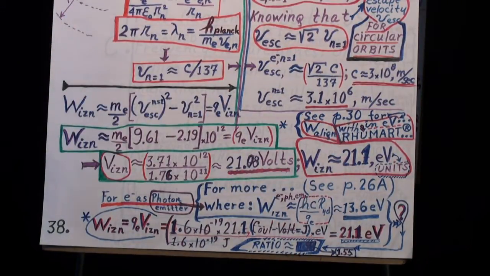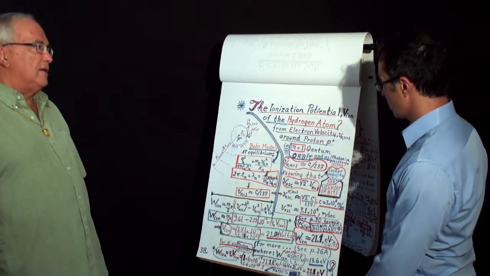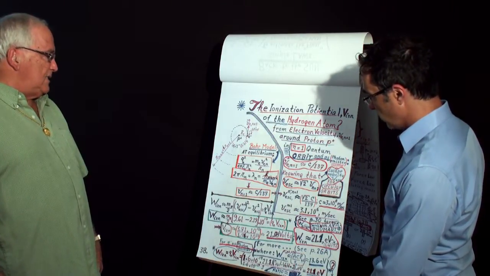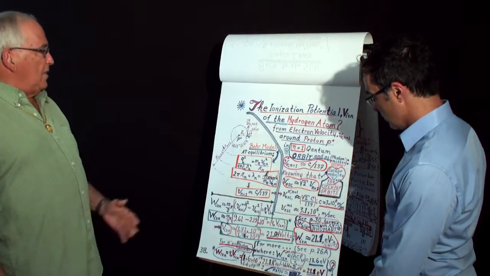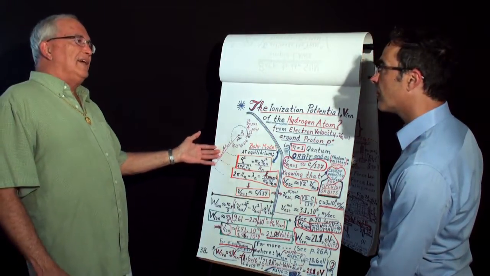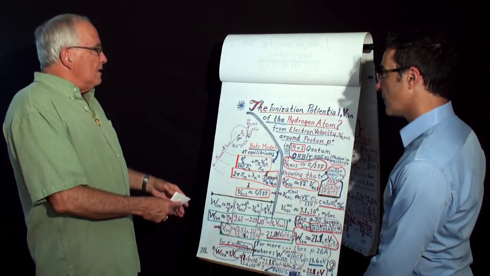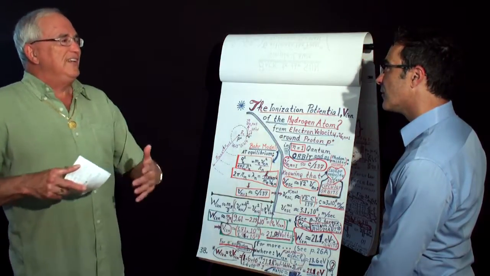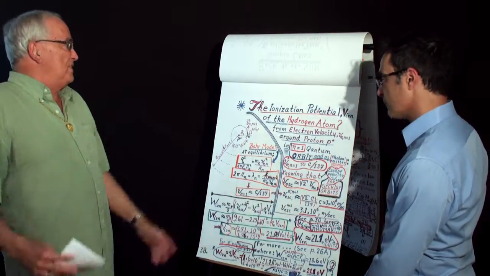But this is because of the atomic aspect of this. So is that clear enough for you? Yeah, yeah. Okay, so this is just really showing that the concept of classical mechanics can be used to try to understand an atom, and it doesn't give the right answer. So that's why physicists had to discover quantum mechanics and go much further.